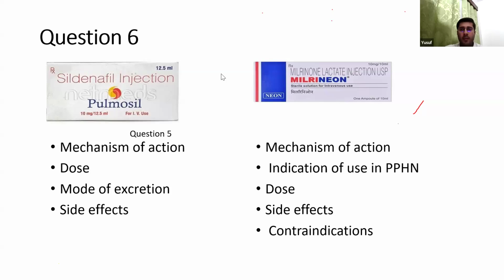And what about the second drug? Mechanism of action of milrinone: phosphodiesterase 3 inhibitor. Okay. Indication of use in PPHN.